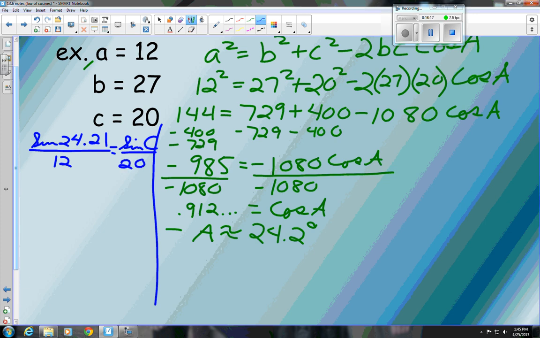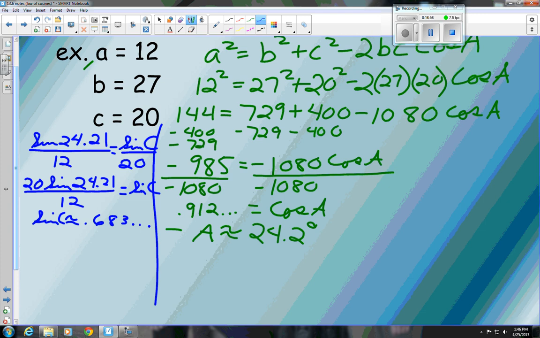Cross multiply, and you guys know this by now, we've been doing lots of these. So I get 20 sine 24.21 over 12 equals the sine of C. So 20 sine 24.21 divided by 12 gives me the sine of C is approximately 0.683, and don't round.